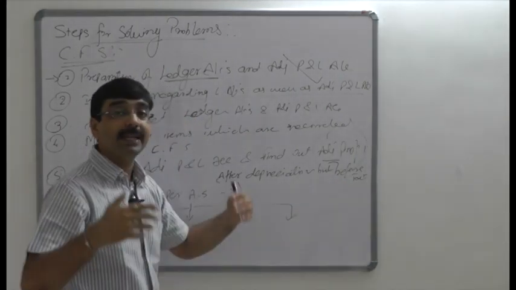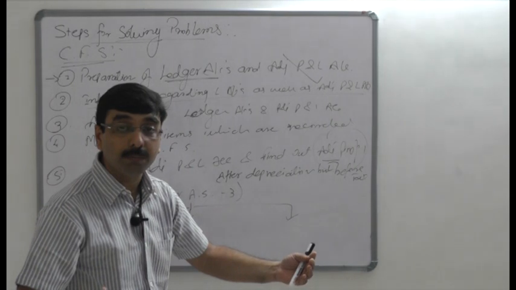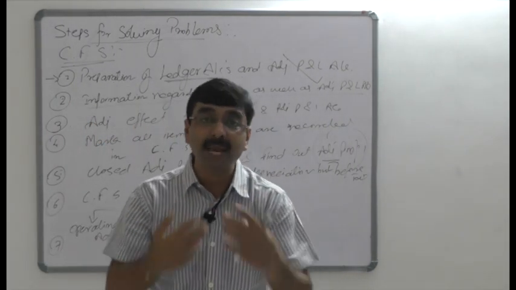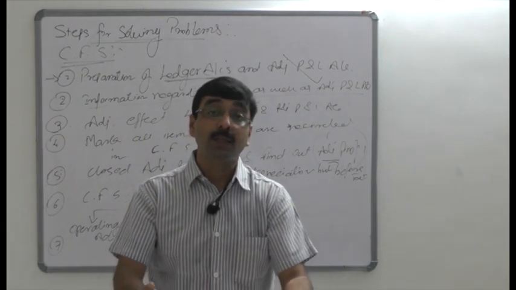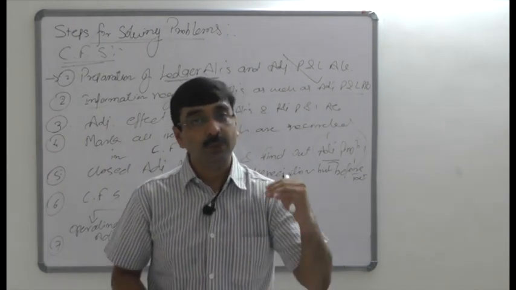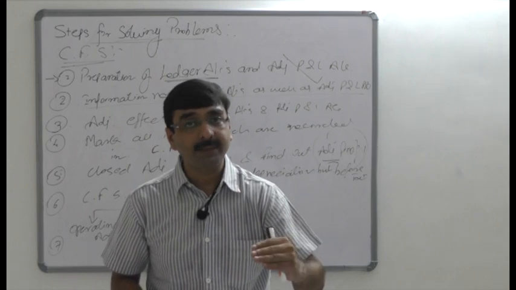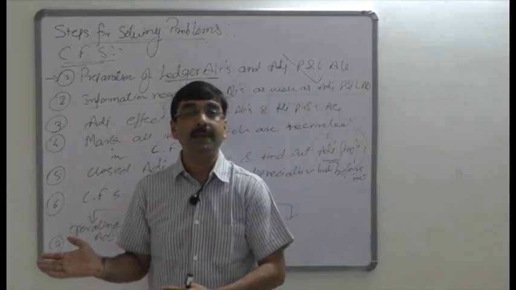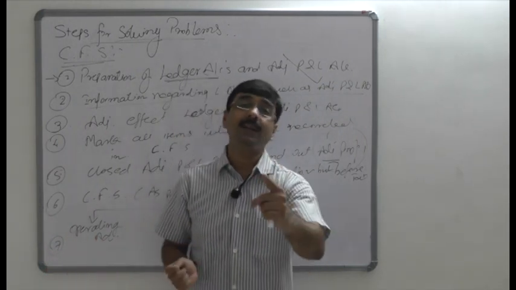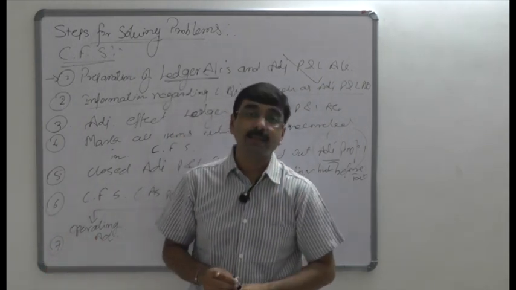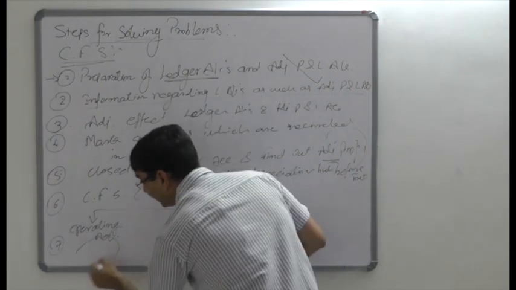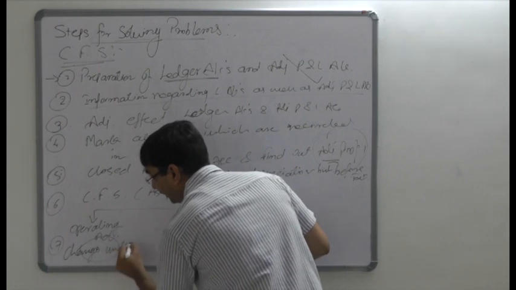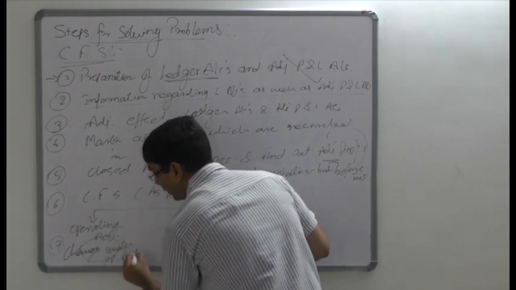After the changes of working capital are applied, we will identify how much tax liability was paid by the company during the particular year. So after the changes of working capital are deducted and added, next we'll deduct the tax liability paid by the company and then find out the net amount of changes under this operating activity.